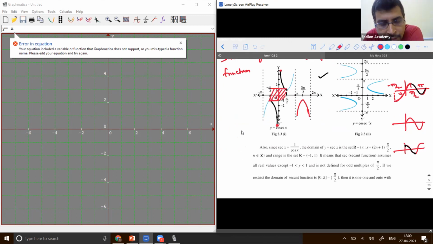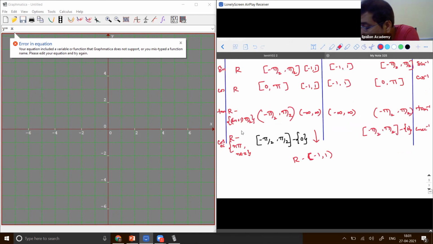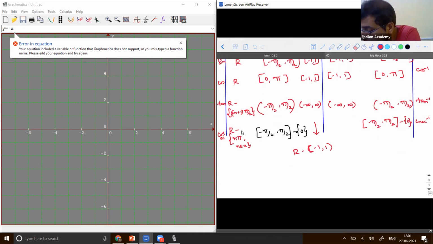It can give you any real number except minus 1 to 1. So here it will be real numbers except minus 1 to 1. So now tell me, cosecant inverse of 0 is not defined because it does not fall in the domain of cosecant inverse.